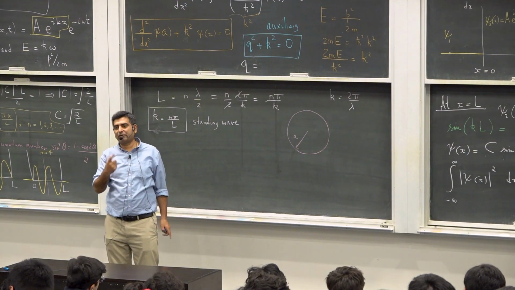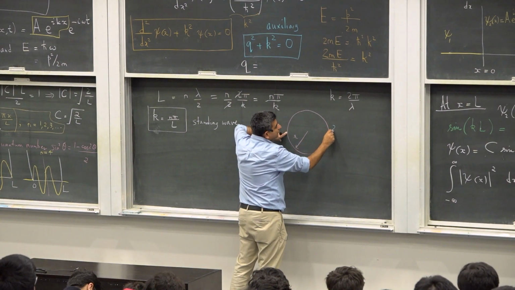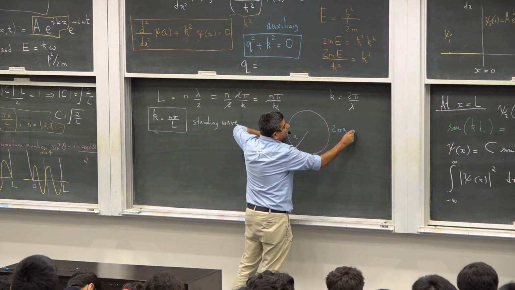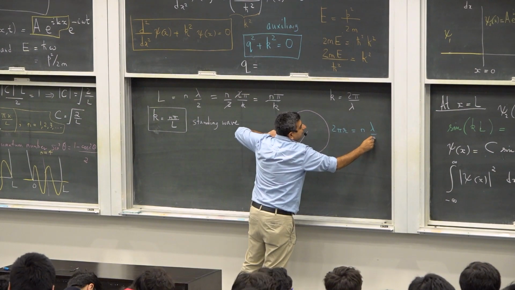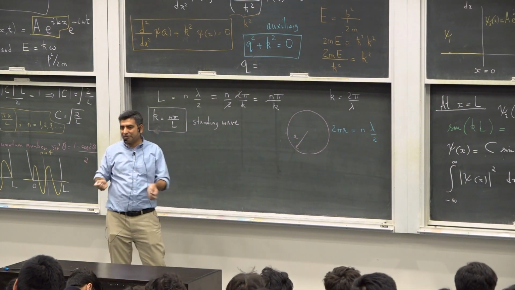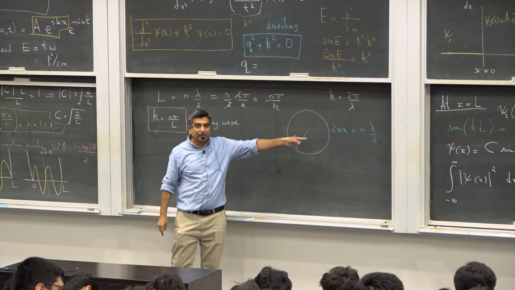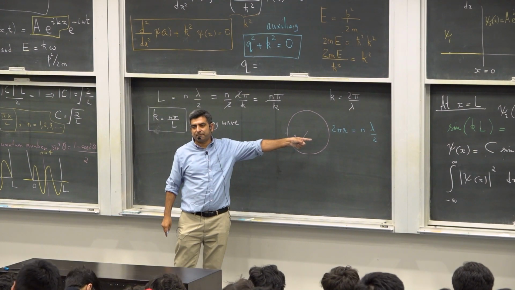It's exactly the same thing over here. The circumference of an orbit of an electron inside an atom is 2 pi r. If this holds n waves of the electron, the quantum waves, the matter waves, this is a kind of quantization condition.